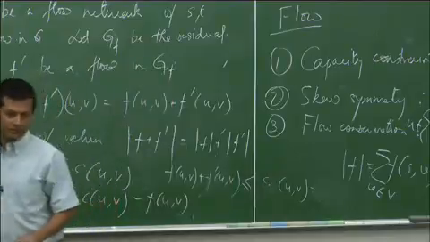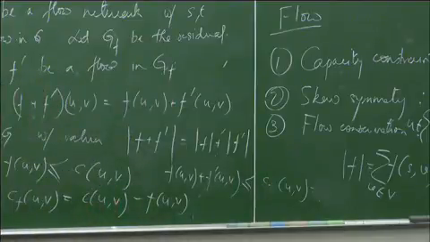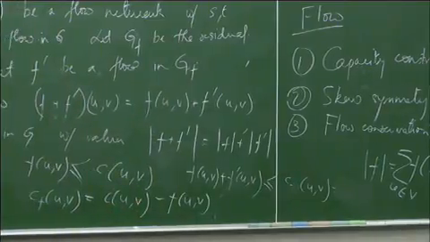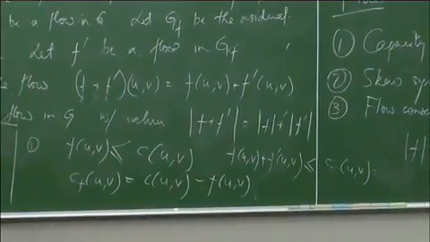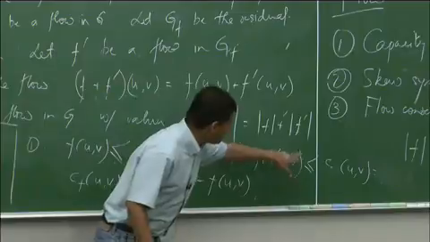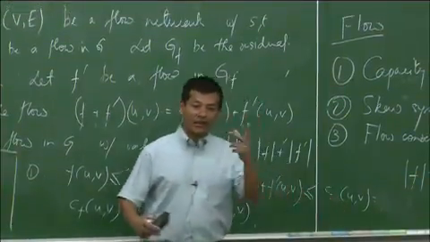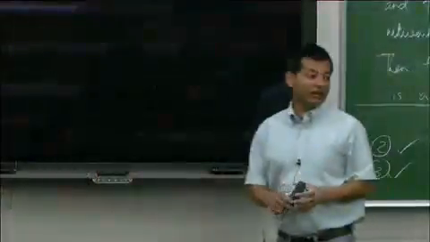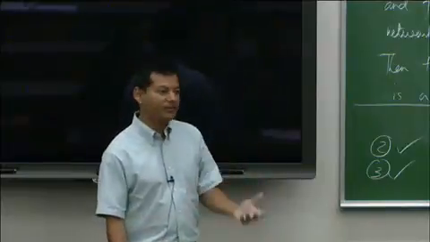Simple algebra. And that is by definition my new flow. So the sum of these satisfies the capacity constraints of the original graph, which is essentially what we were looking for.